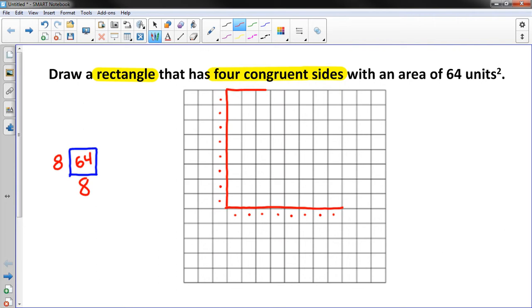Alright. And I'd like you to label your dimensions. So that's a rectangle. All four sides are congruent. And the area inside is 64.